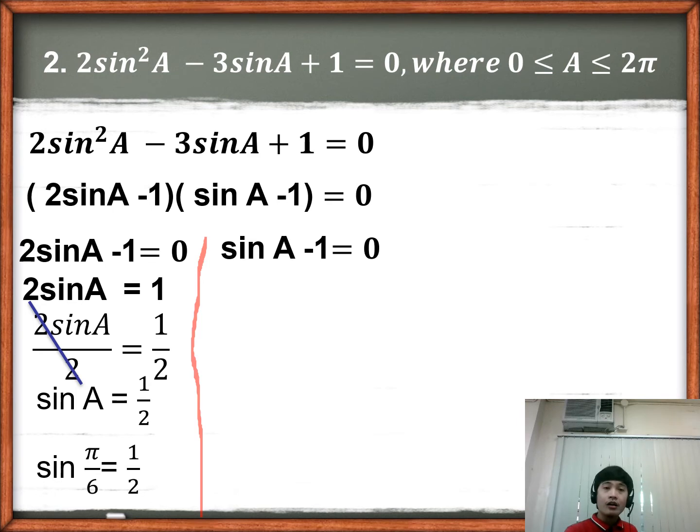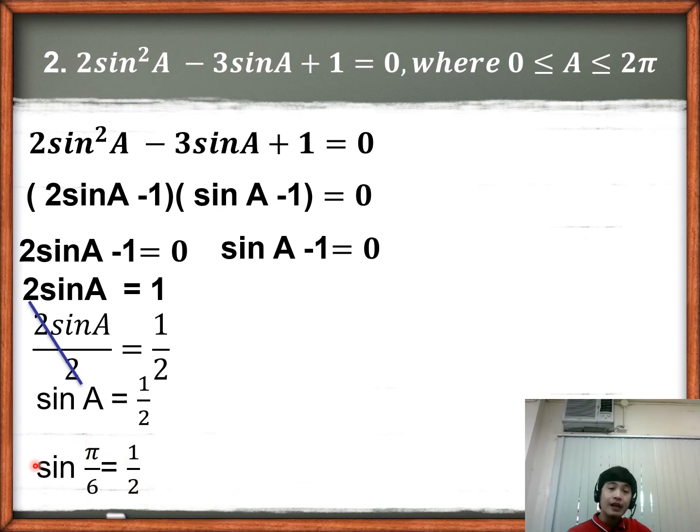So, 1/2 yun. Pero, hindi natin sinasara yung sitwasyon na si sine 30 lang, pi over 6, ang mabibigay ng value kay sine ng 1/2. Hindi lang po si sine 30 ang mabibigay ng value kay sine na 1/2.